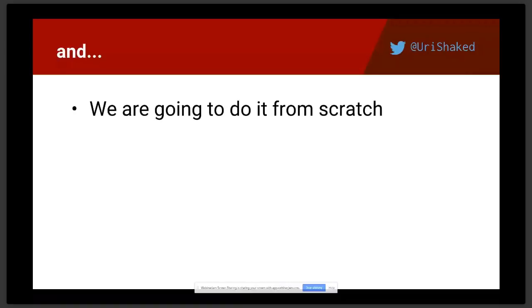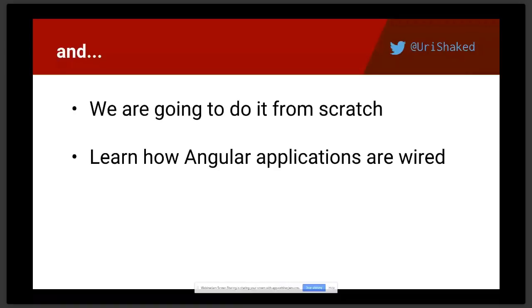And then we are also going to see how all the pieces are connected together in order to create an Angular application. And we are also going to meet a new tool called Fusebox, and also talk about Angular Universal, which we'll be using for the static website generation part.